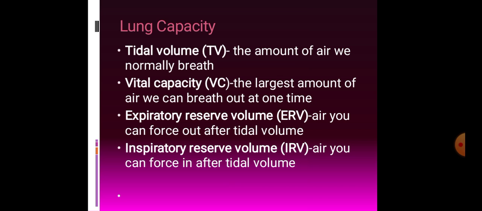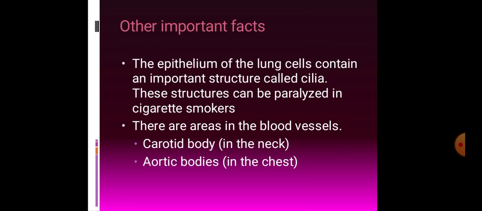Tidal volume means the amount of air we normally breathe. Vital capacity means the largest amount of air we can breathe out at one time. Expiratory reserve volume is the air you can force out after tidal volume. Inspiratory reserve volume is the air you can force in after tidal volume. These are the terms we discussed in lung capacity.